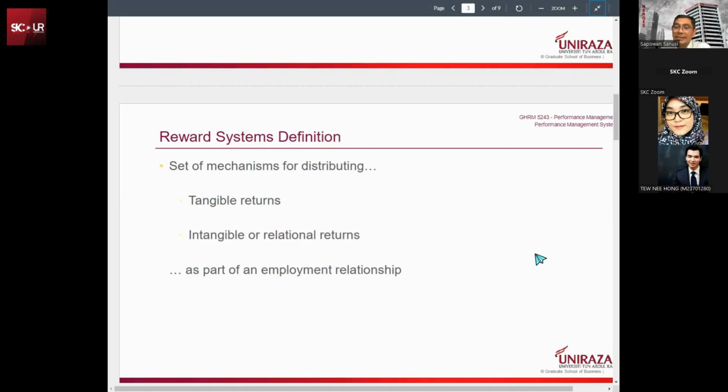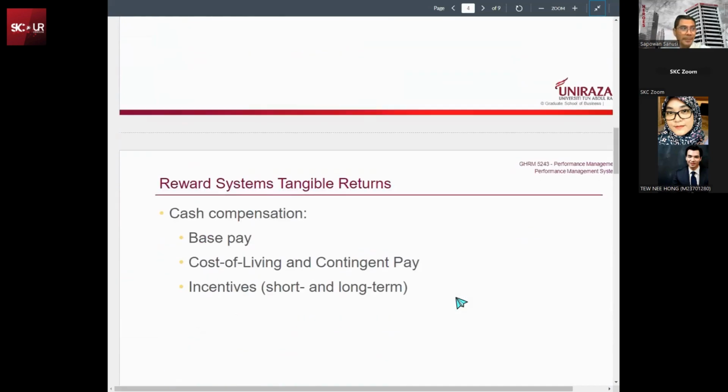But effectiveness doesn't mean that the system mesti satu yang simple. Because effectiveness often depends on how well we align with the value goals, value strategy of the individual or group into the design of what the company wants to motivate. Okay, because the kata kat sini, a part of employment relationship. Okay.